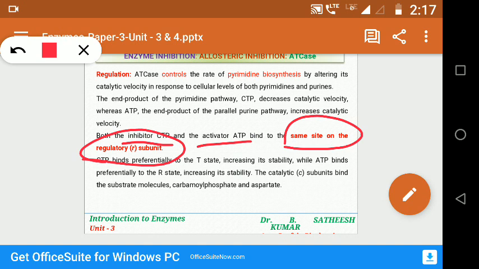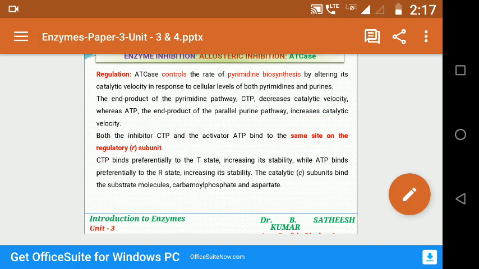If CTP binds, that means ATP is less, CTP is more. So then CTP binds to the allosteric site and converts R to T form and inactivates the enzyme. So this is a very simple mechanism for all allosteric enzymes. The only difference is the allosteric effectors.